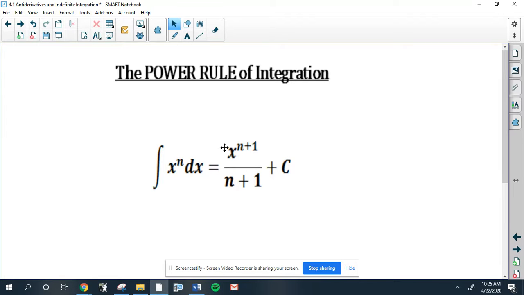For the power rule of integration, you can see it down here. The first thing you do is add one to the exponent and then divide by that number that you just got. So it works like this.